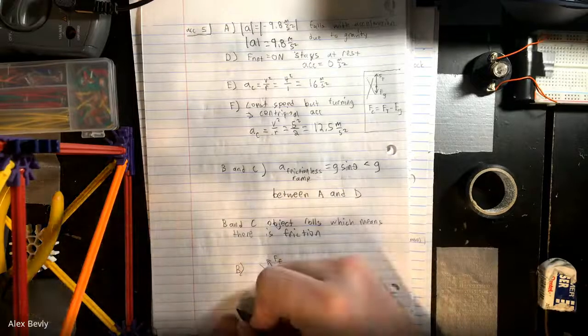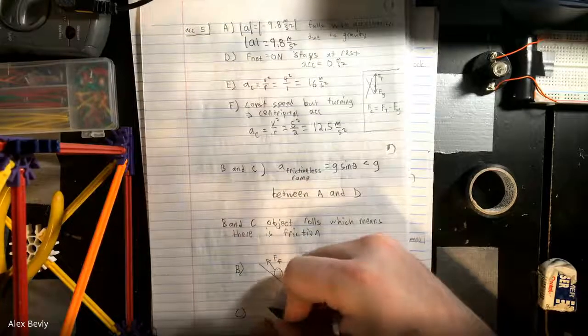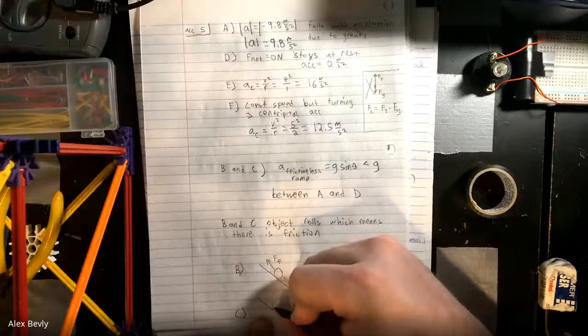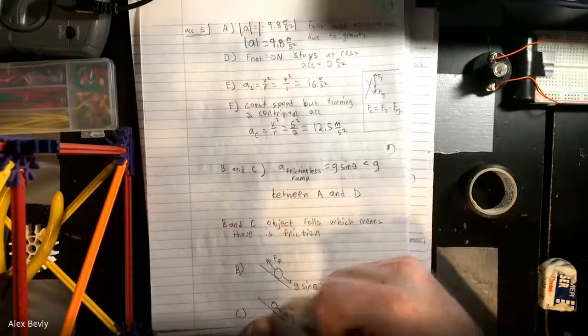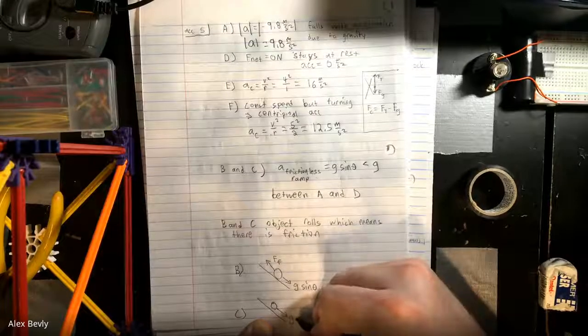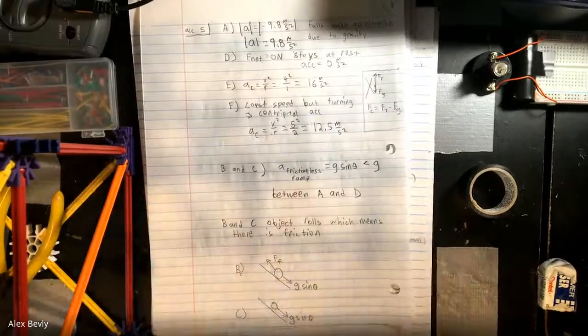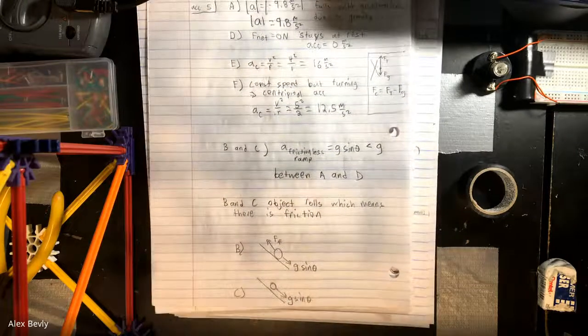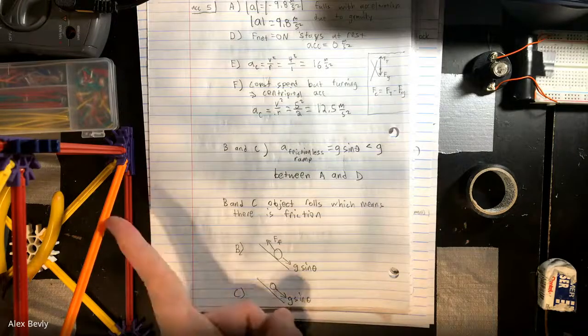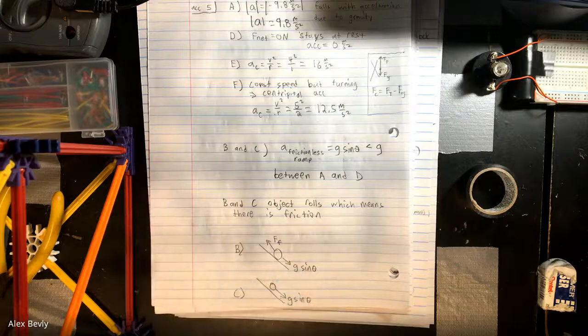Okay, so let's look at C. This rolls up the ramp. So my acceleration is still down the ramp due to gravity, g sine theta. Gravity is always pulling this thing down the ramp. Now, as this thing rolls up the ramp, which way is my force of friction?